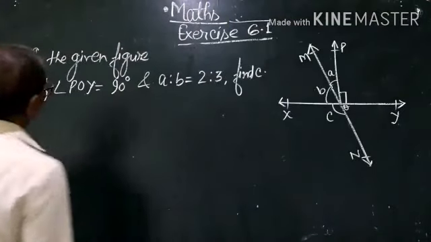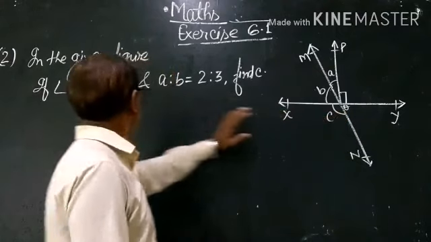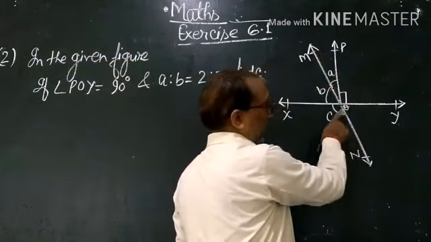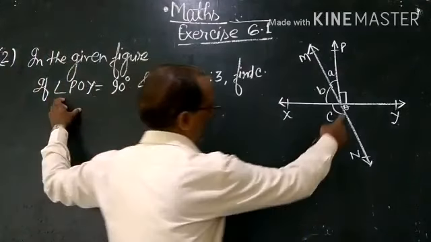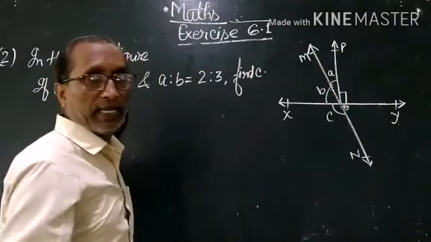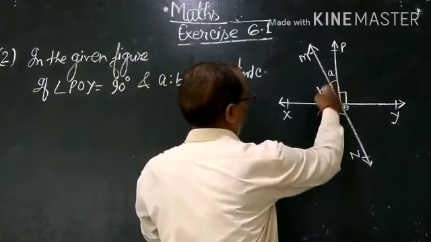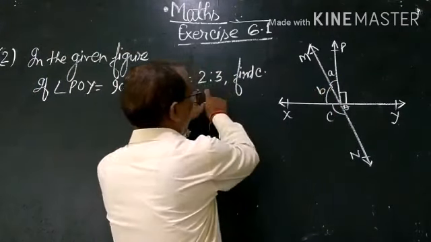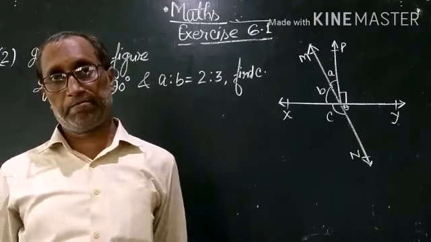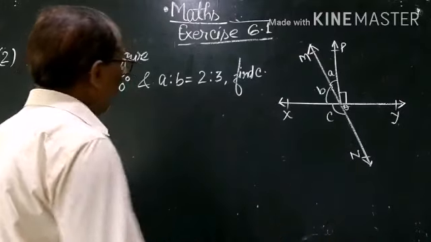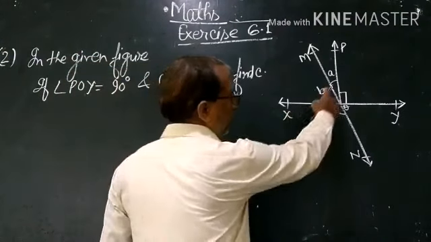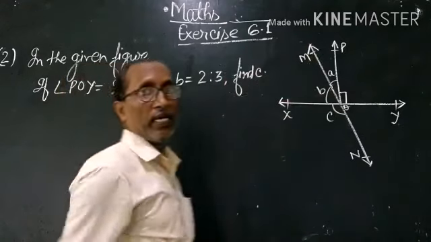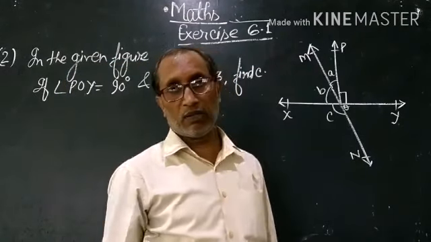Question number 2. In the given figure, here is the figure. XY and MN intersect at point O. If angle POY is equal to 90 degrees and A:B is equal to 2:3, find angle B. Find the value of C. I have angle POY 90 degrees. The relation between A and B is 2:3, ratio 2:3.